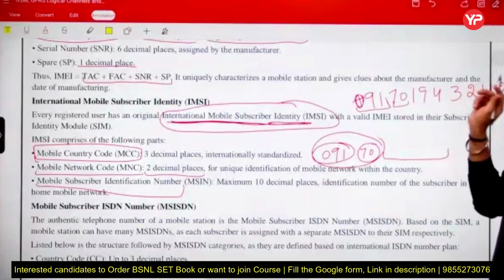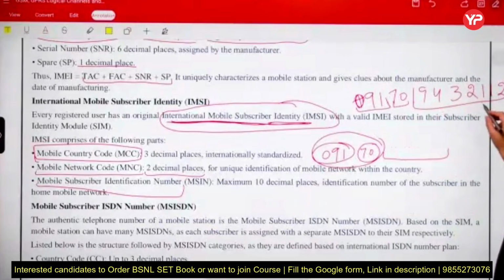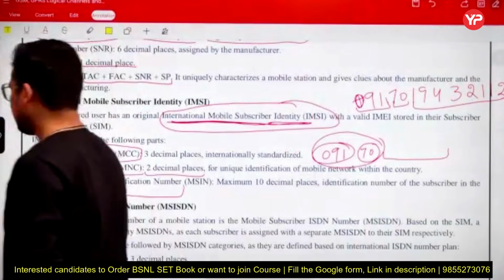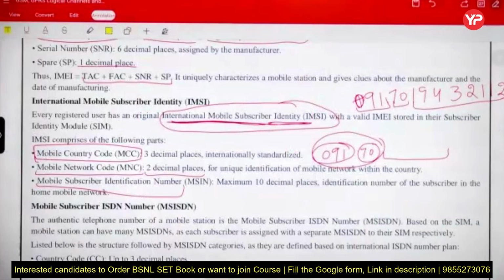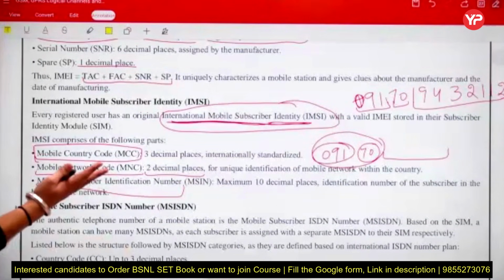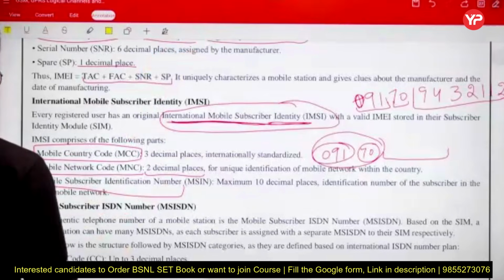The next two digits represent your mobile network code, and the remaining digits are the mobile subscriber identification number. Currently we are using 8 digits, but we can use up to 10. Because as the population increases, we require more numbers, so this number will be increased from 10 to 11, right?